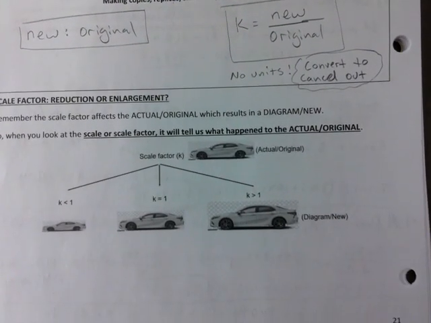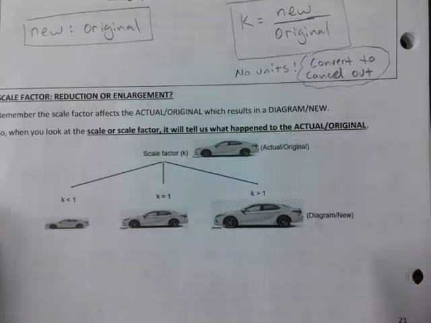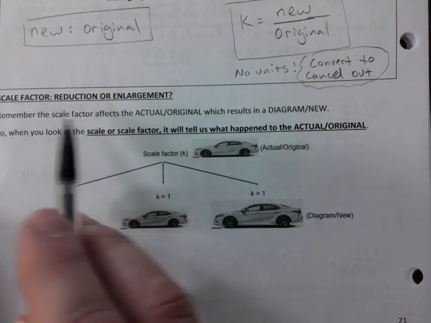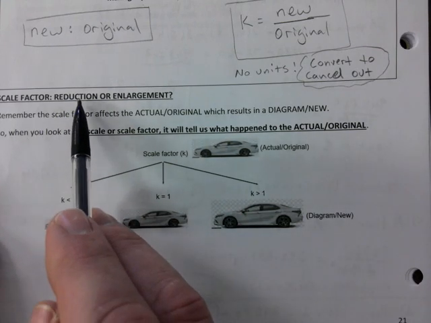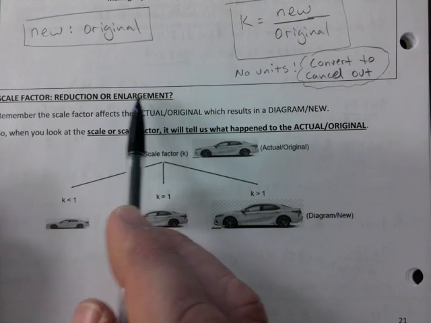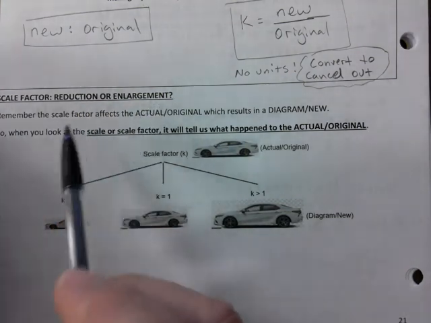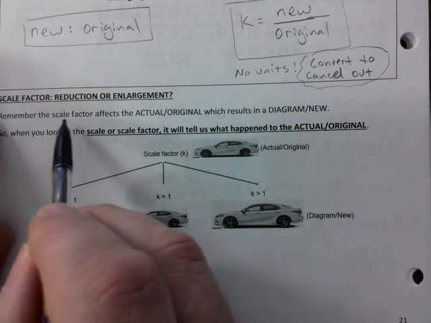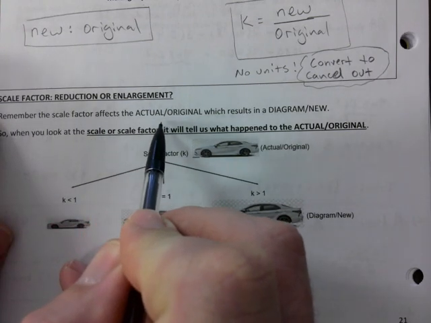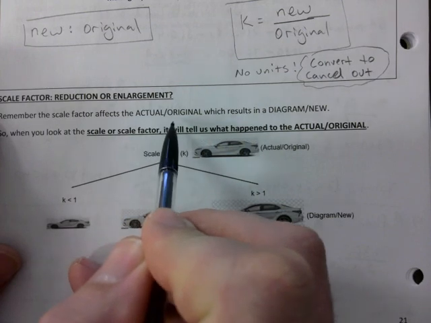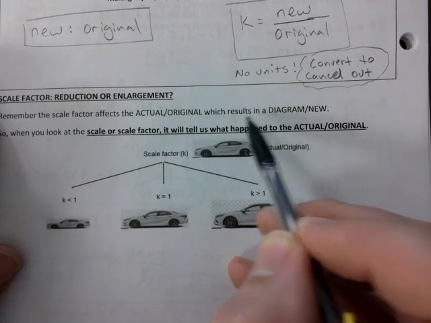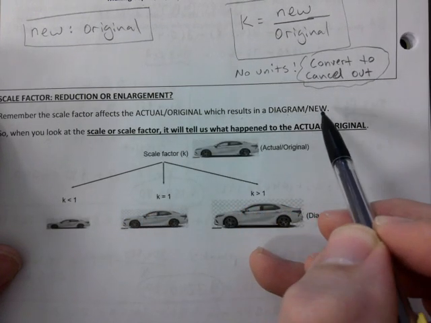Now, I'm going to just talk about scale factors. Again, is it a reduction or is it an enlargement? Is it getting smaller compared to the original, or is it getting bigger? Remember, the scale factor affects the actual original, which results in the new or the diagram.